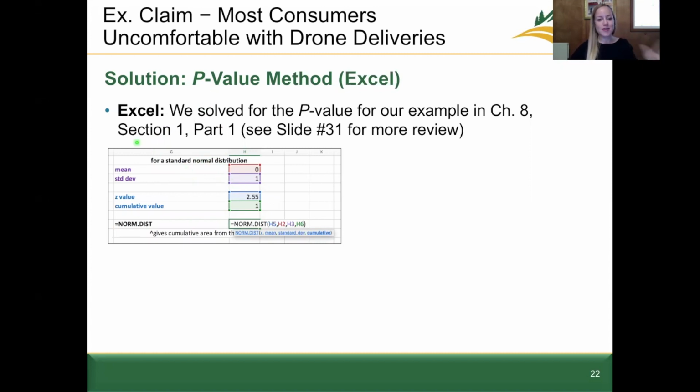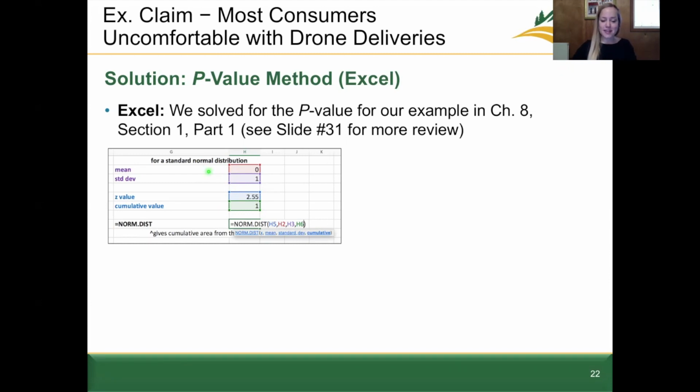Now, aside from knowing the mean and the standard deviation that we associate with a standard normal distribution, I also need my z-value that I previously calculated either in Excel as well or with my calculator. Then this cumulative value is either 0 or 1. Here we're using a cumulative value of 1, right? Because I want a range of area, a range of probability values, not at some single value for x. Or in this case, with a standard normal distribution, not for some single value of z.